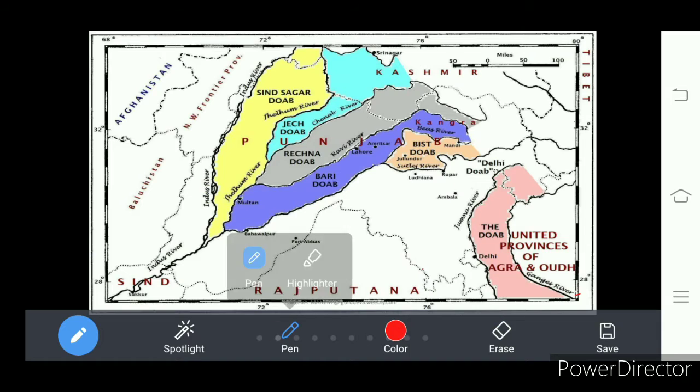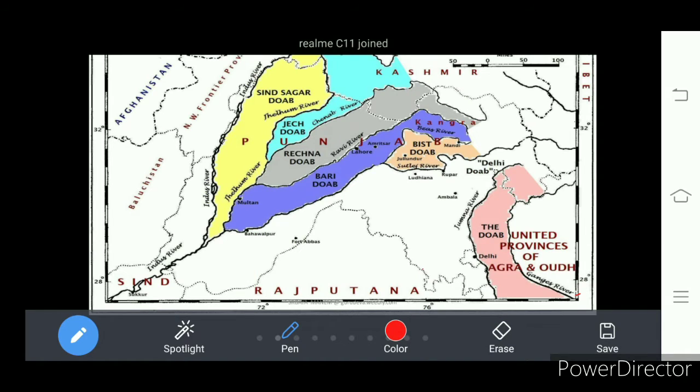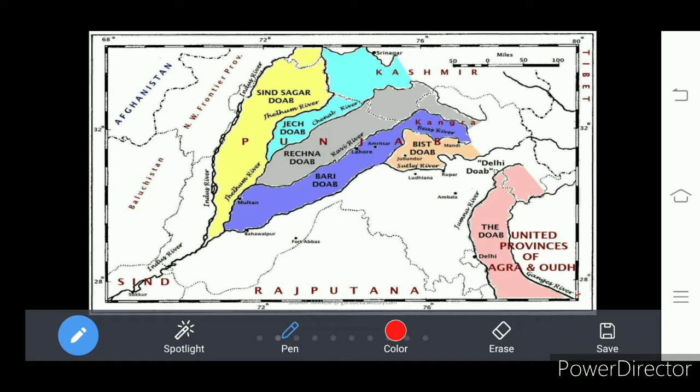Look at here. This is Sindh Sagar Doab. Then Jech Doab. Then Rechna Doab. Bari Doab. What do you see here? Between the two rivers.